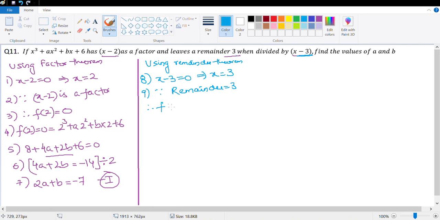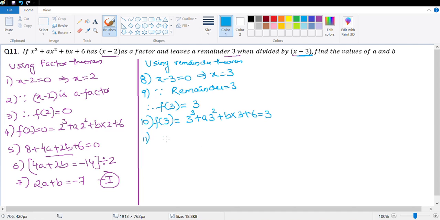So the value of the polynomial when x is equal to 3 is equal to the remainder, in this case 3. So let's find the value of the polynomial when x is equal to 3. That will be 3 cube plus a times 3 square plus b times 3 plus 6, and we know that this will be equal to 3.